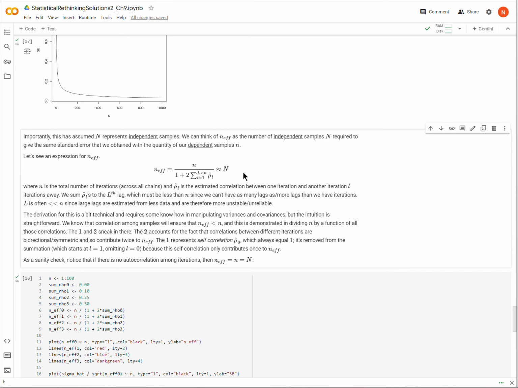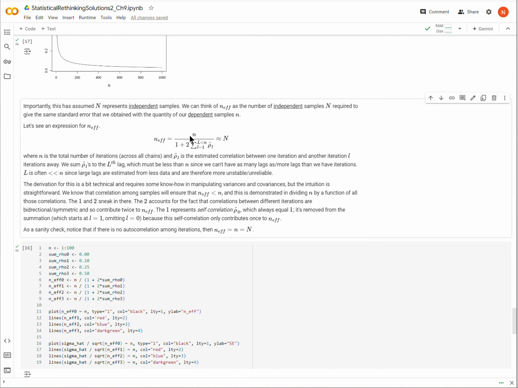You need to understand how to manipulate variances and covariances, but the derivation is not really important, so I'm not showing it here. What's more important is that we grok the intuition here. I think that if you just operated on the premise of intuition, you could almost come up with exactly this equation right here. So without any derivation, let's go through what this expression is saying, and the intuition behind it.